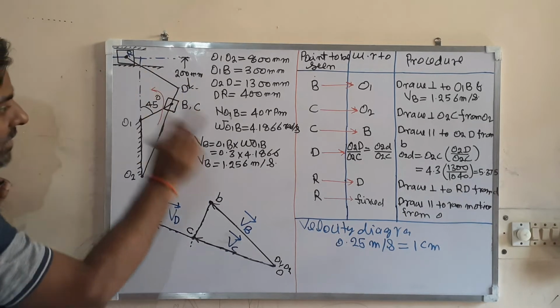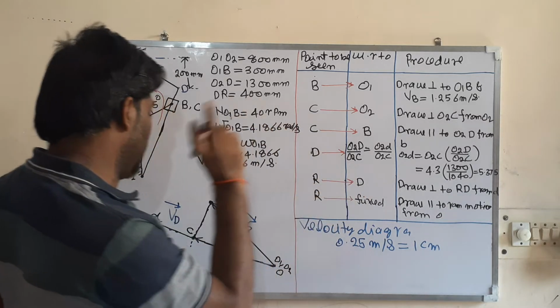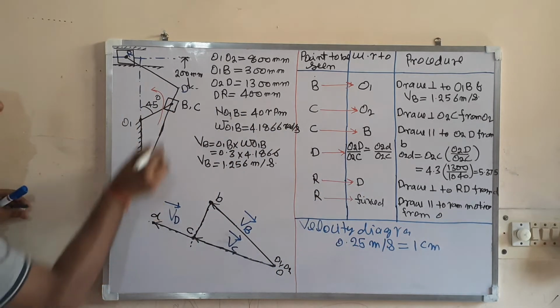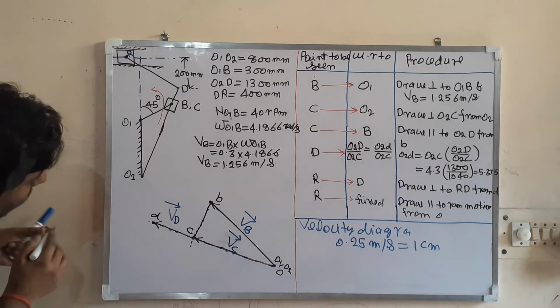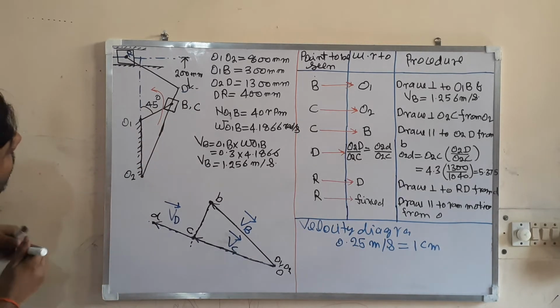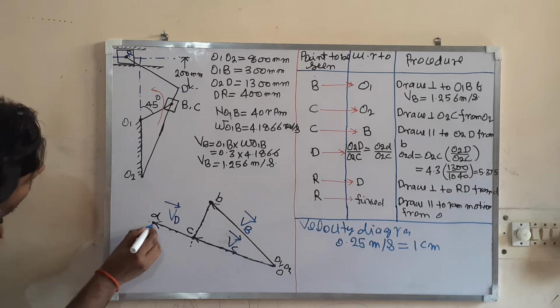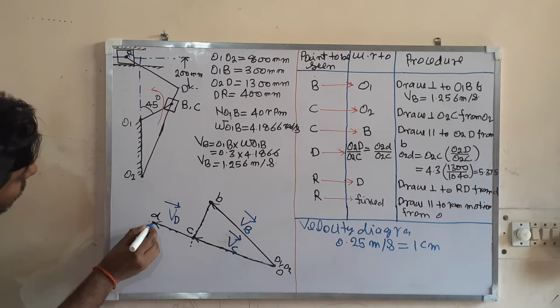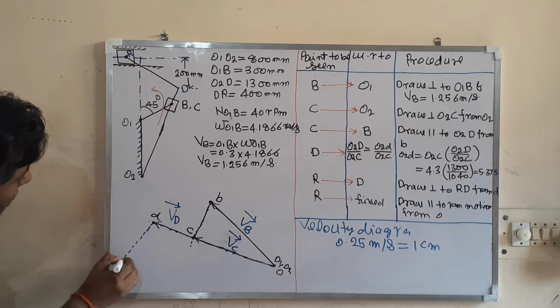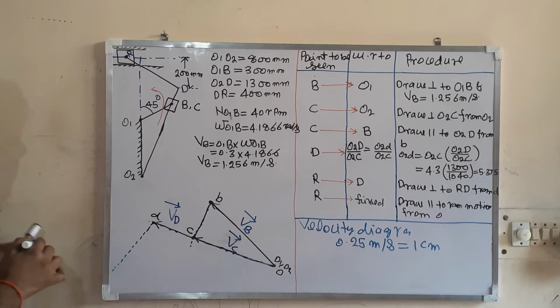Where did you see it from? From D. So you will draw a line perpendicular to RD. Draw a line perpendicular to RD.